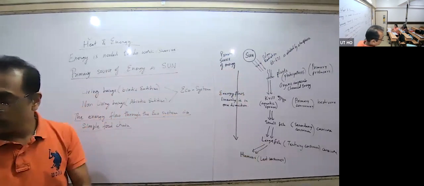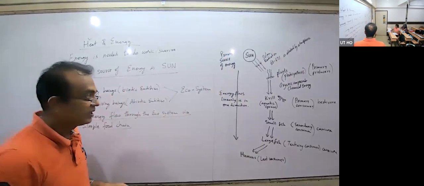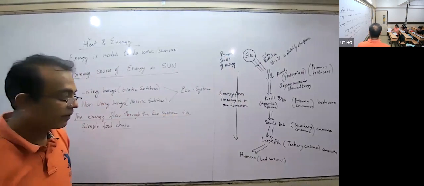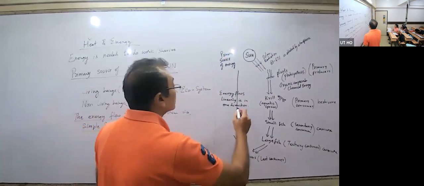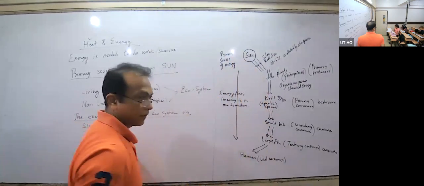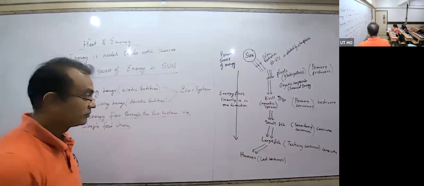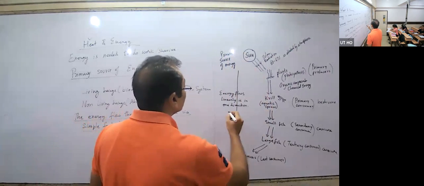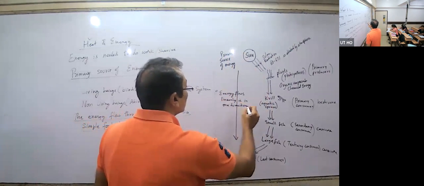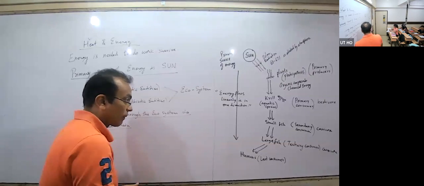It is always one way. It comes from the sun, but never goes back to the sun. It's one way. Understood how energy flow works in the ecosystem?